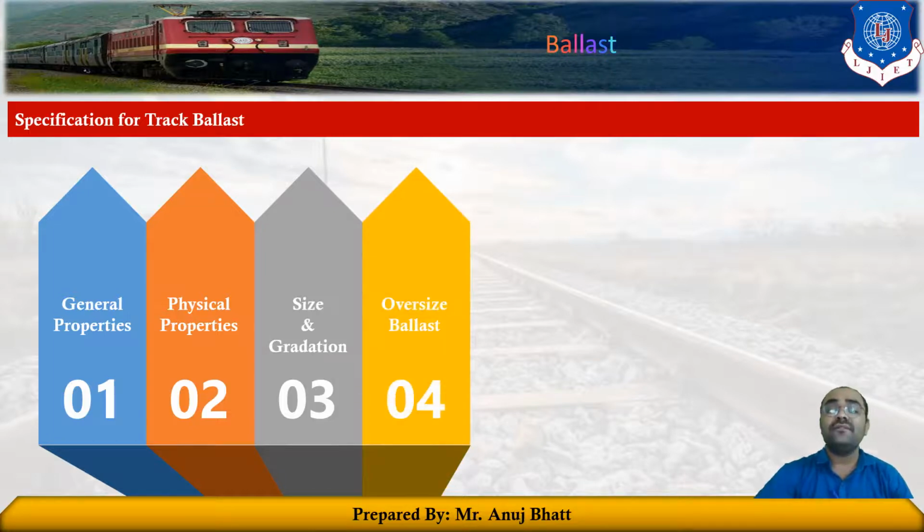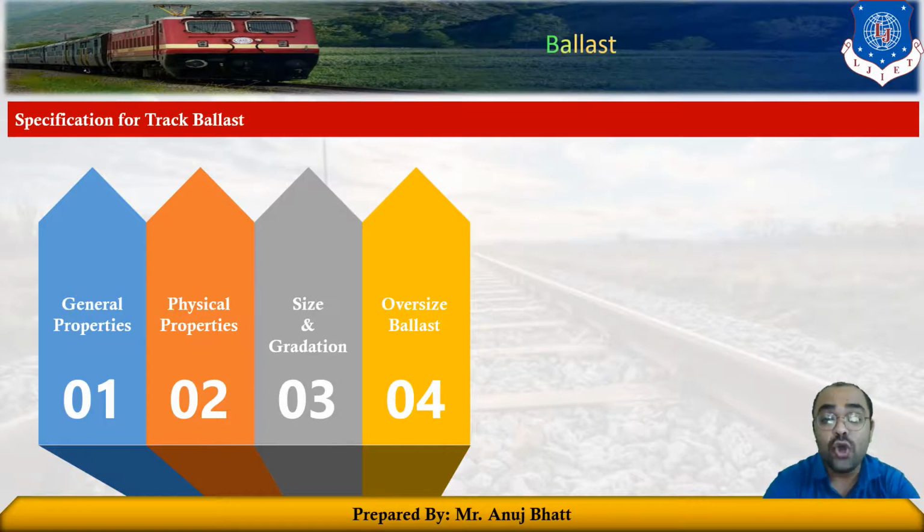The fourth is the oversize of ballast. In case the ballast retained on the 65 sieve exceeds 5% but is less than 10%, then a 5% reduction in the contracted rate is made for the full stock.